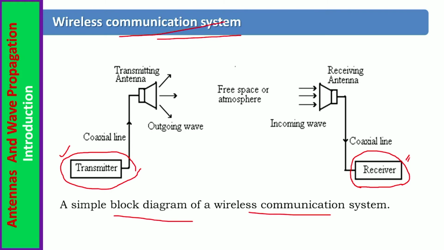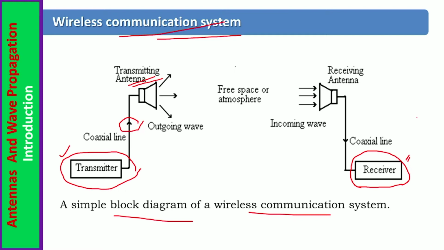Usually transmitter and receiver are separated by large distances. The transmitter output is fed to an antenna through a coaxial line. The antenna on the transmitter side is called the transmitting antenna. This transmitting antenna then pumps out the signal that is fed to it, and mainly it directs the signal towards the receiving antenna.